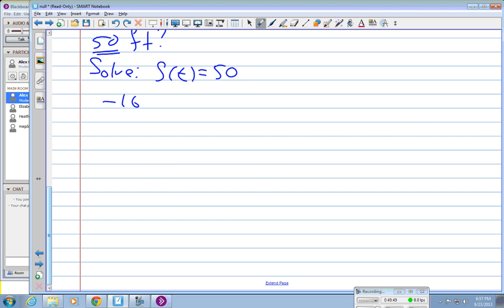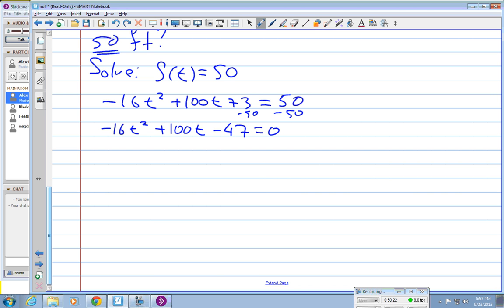So negative 16t squared plus 100t plus 3 equals 50. Right? That is a quadratic equation. We shouldn't have any problems solving that quadratic equation. So in order to solve a quadratic equation, move everything to one side. So negative 16t squared plus 100t minus 47 equals 0. Right? Subtract 50 from both sides.